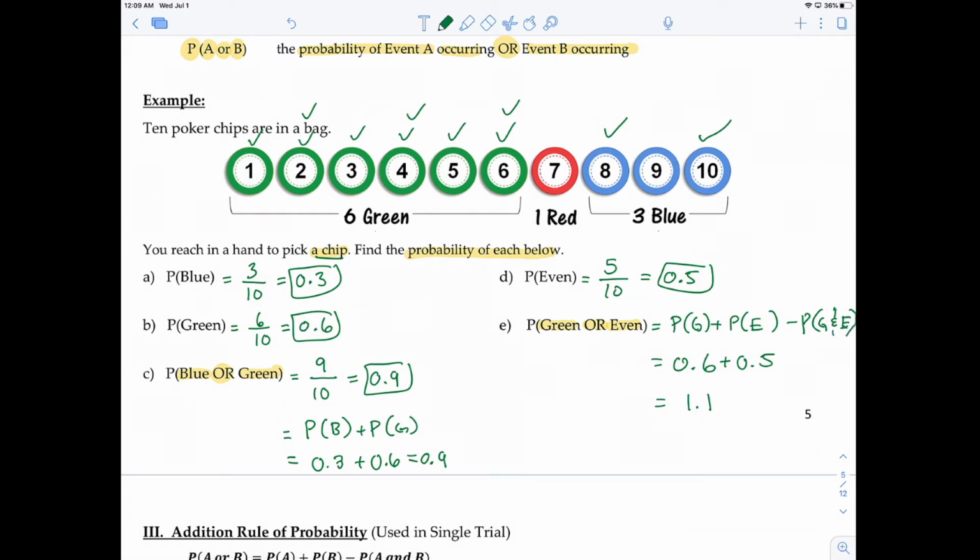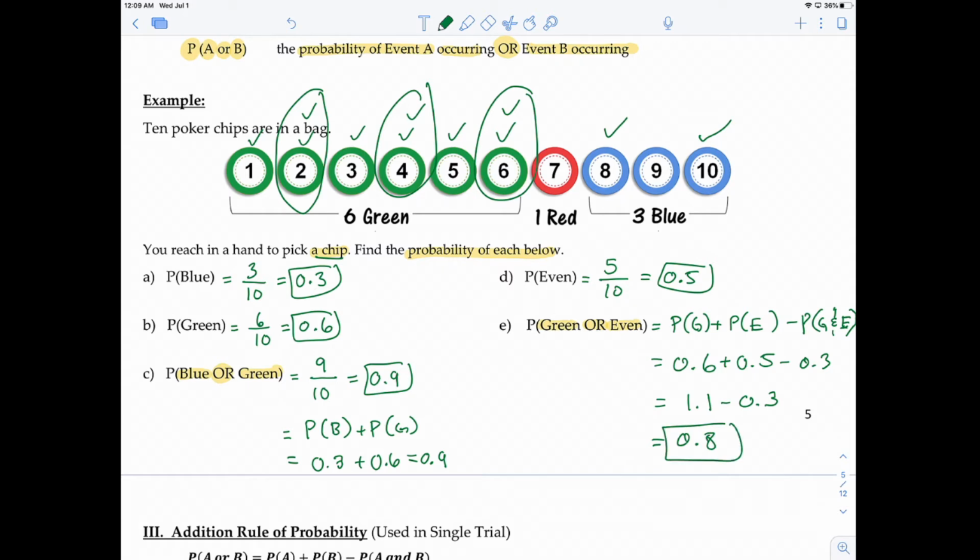Green and even would be, there's 1, 2, 3 of those. So that's going to be 3 over 10, which is equal to 0.3. So now let's see if that works out. It's going to be 0.8, right? And that's the correct answer.